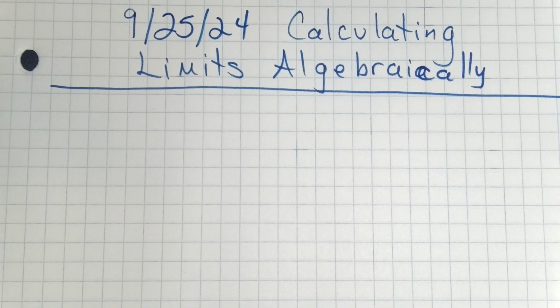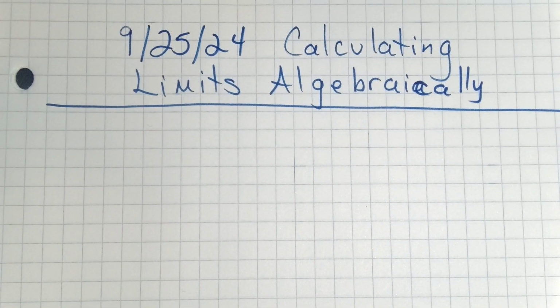Now we're going to use actual numbers and math. We will be combining graphs and numbers and equations as we do new things, okay? So we've done the graphs part, we've done the limits of graphs, we've done the limits to infinity. Now we're going to do the limits using algebra or arithmetic, okay?